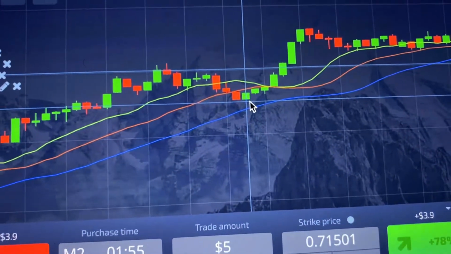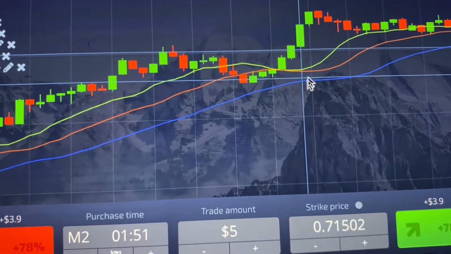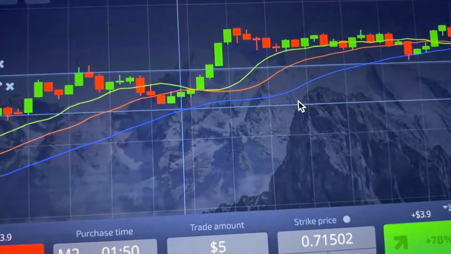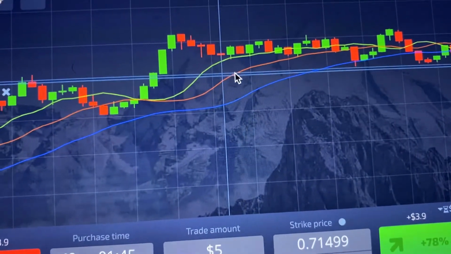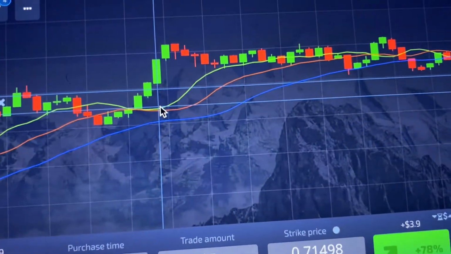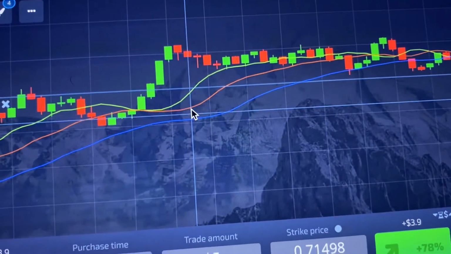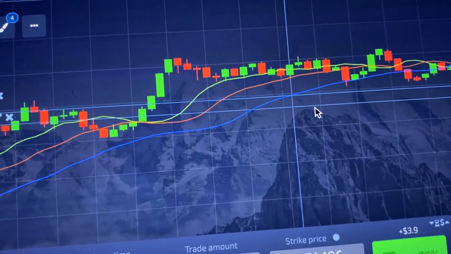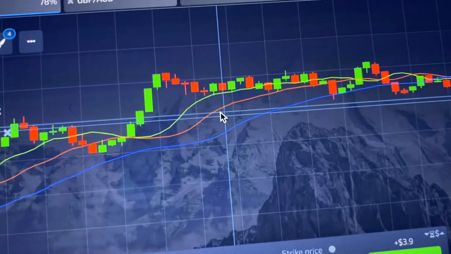All right, and you see how it reversed? See how these lines get kind of close together, it gets muddied up again. But it's still trending upward. And again, you see right here, it's muddy. What you have to do is have all three of the lines spreading apart.